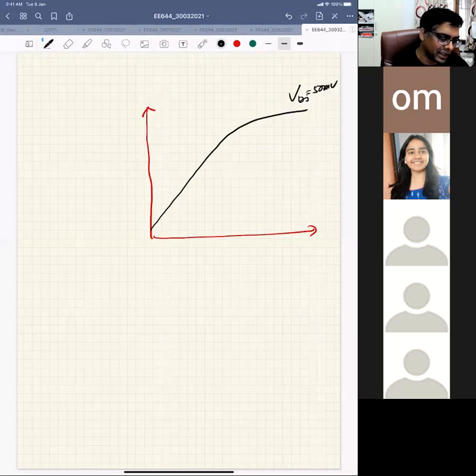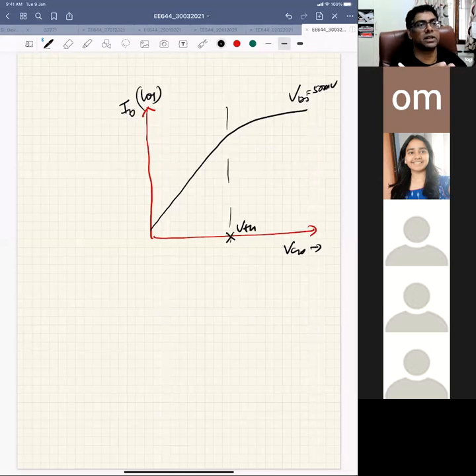This is your ID on the log axis, and this is your VGS. Let's say this is your threshold voltage point. You have to be deep in the subthreshold region to measure subthreshold slope. If you know your threshold voltage, this point here is the current at VGS equal to VTH, let's say ITH.